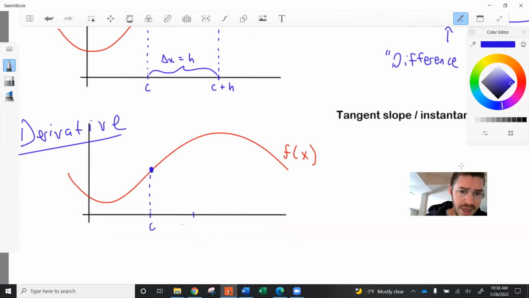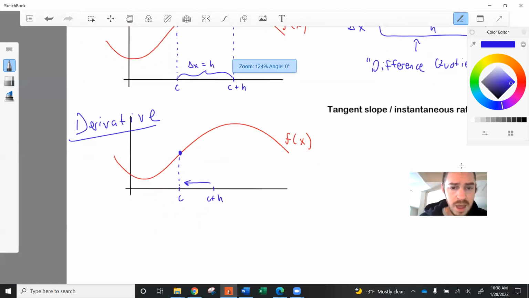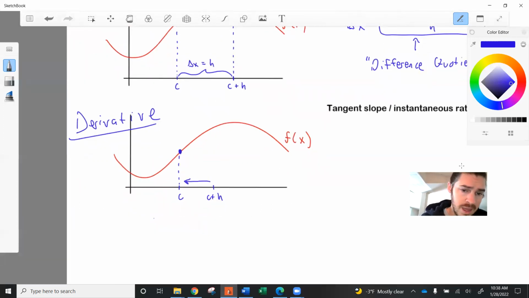So I'm going to draw the h a little bit smaller. Here's our c plus h point. And we're going to imagine that this point is approaching c. And the way that we do that is to take a limit as h approaches 0, or delta x approaches 0.